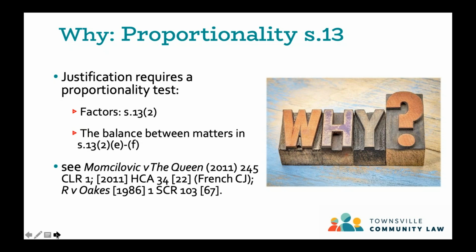Momcilovic, which is our own Australian case in the High Court, and Oakes, which is a Canadian Supreme Court case. They both give so much detail about proportionality, I wouldn't expect you to come out the other side and say, well, I understand that perfectly. And we will have our own cases, and we need to have our own cases because of the way our Act is drafted to understand exactly how that works here in Queensland.